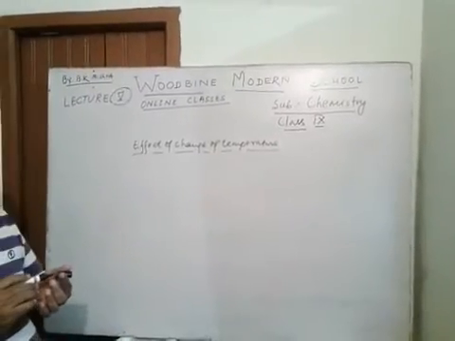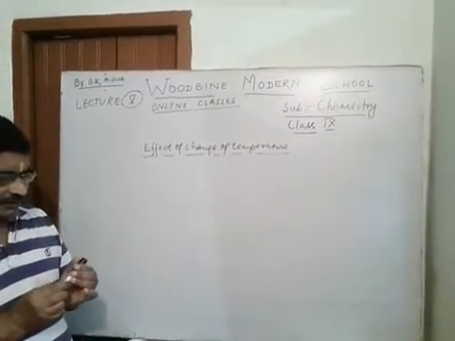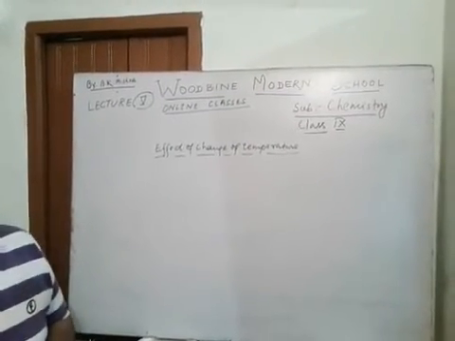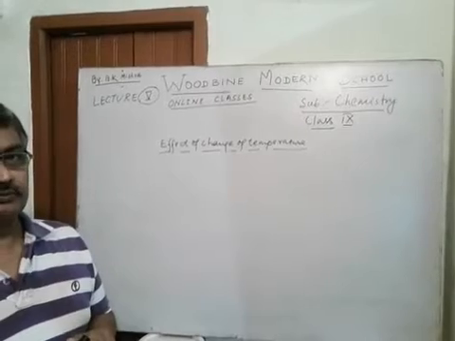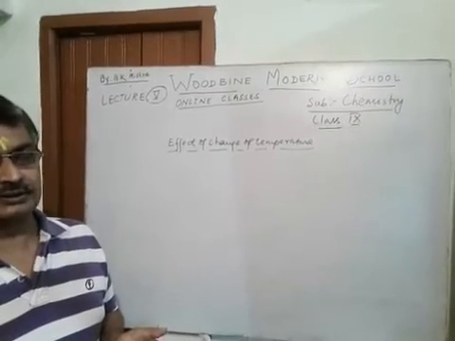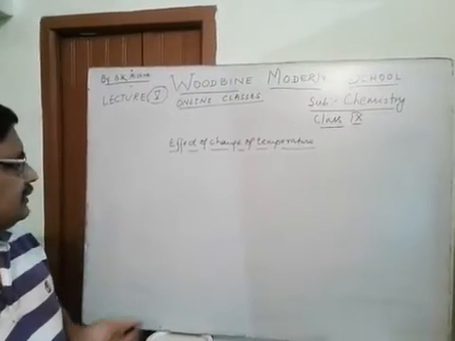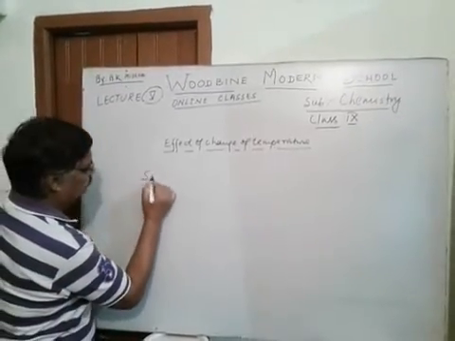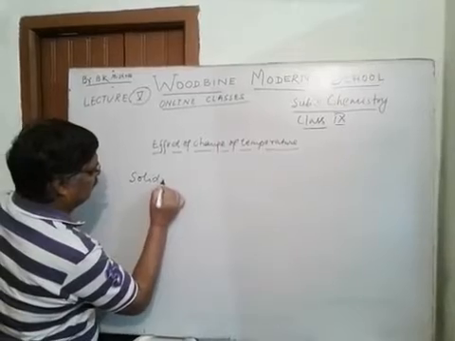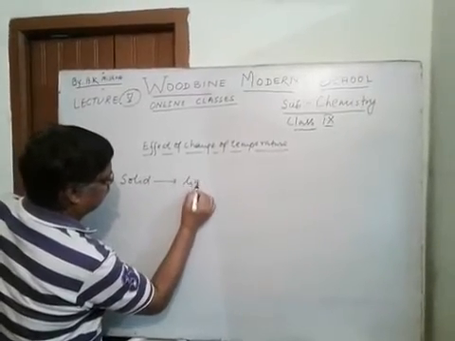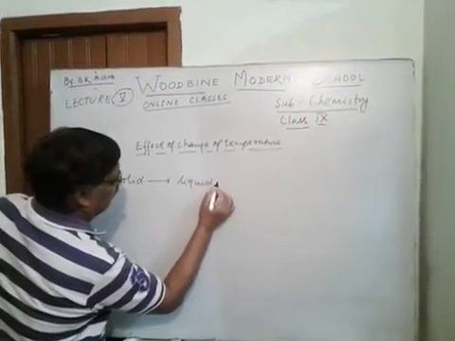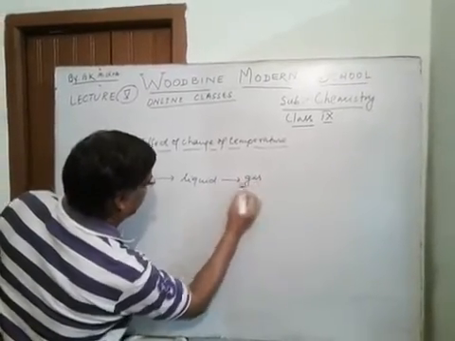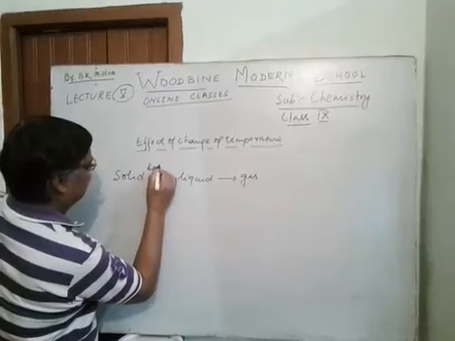Now any matter which is heated starts melting, and when it melts it forms into liquid state. Now by heating, solid can be changed into liquid and liquid can be changed into gas by heating.